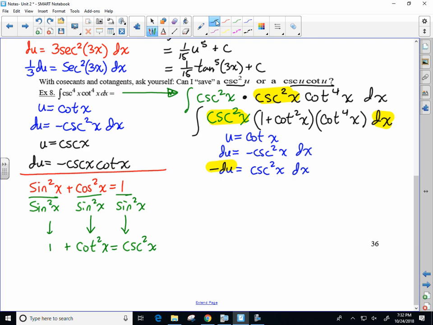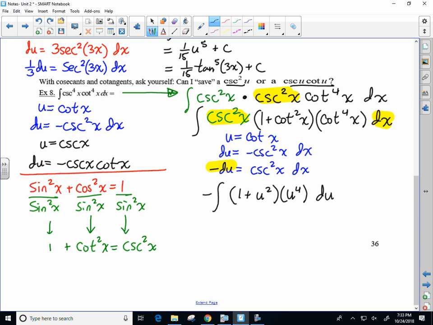Everywhere I have a cotangent, it's going to be replaced with a u. So 1 plus u squared. And yeah, you can substitute in multiple places. u to the 4th du. I'm going to slap a negative on in the front to account for the fact that it's a negative du.